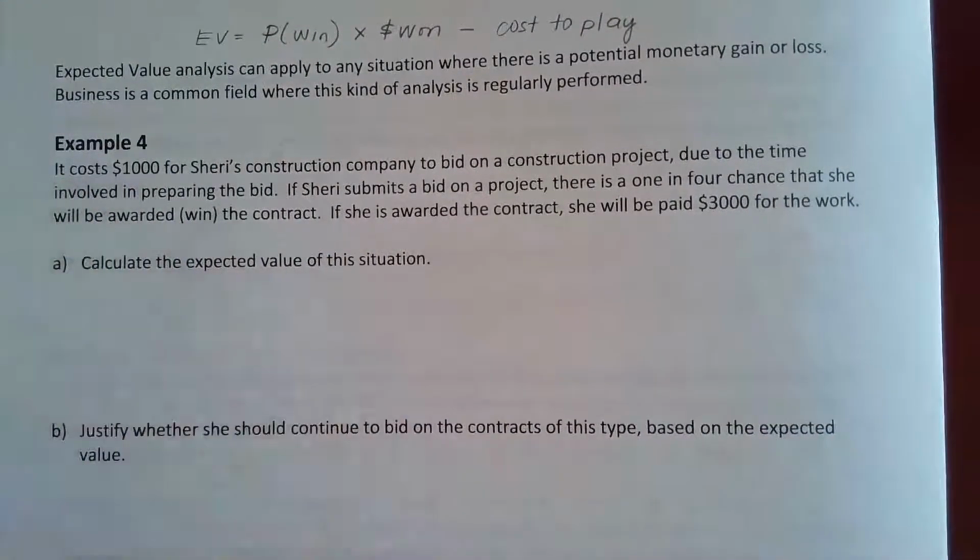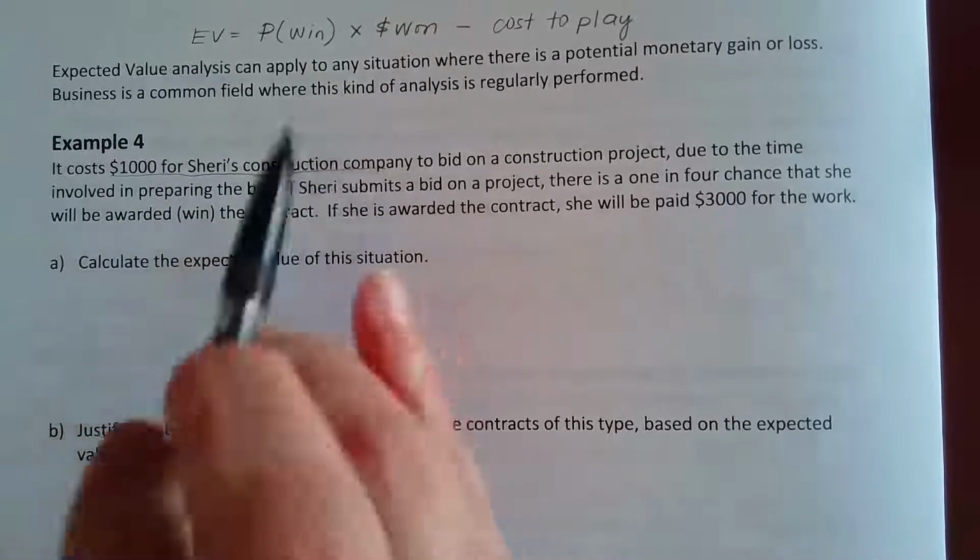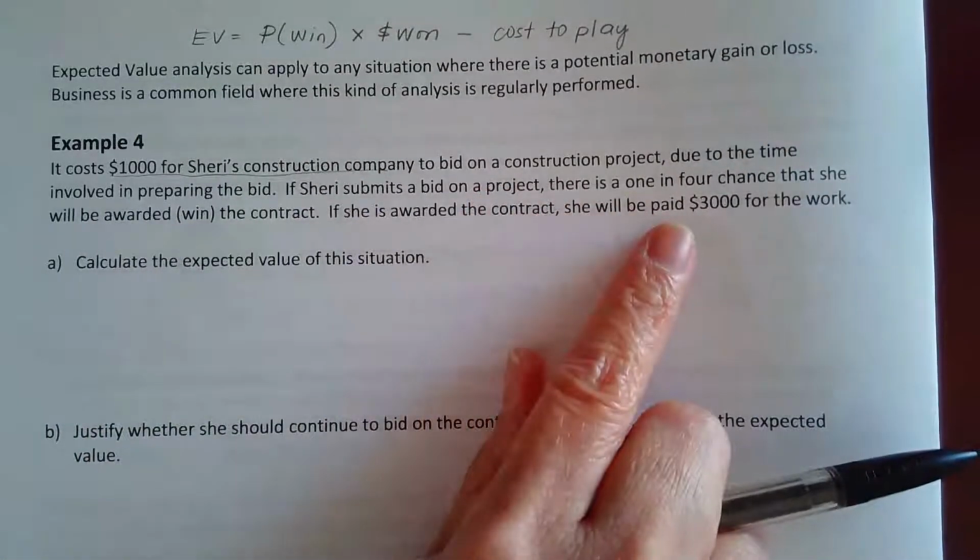Example 4. It costs $1,000 for Sherry's construction company to bid on a construction project.